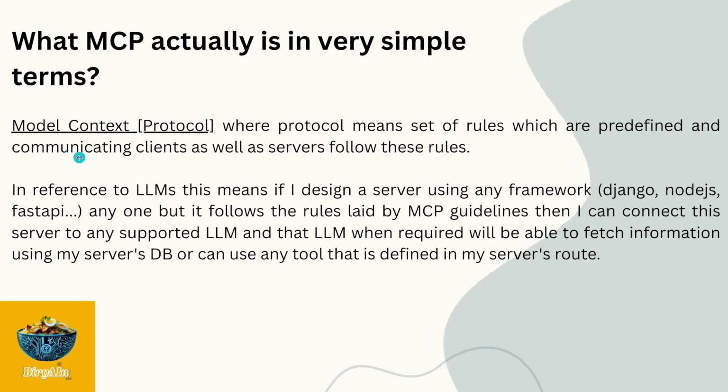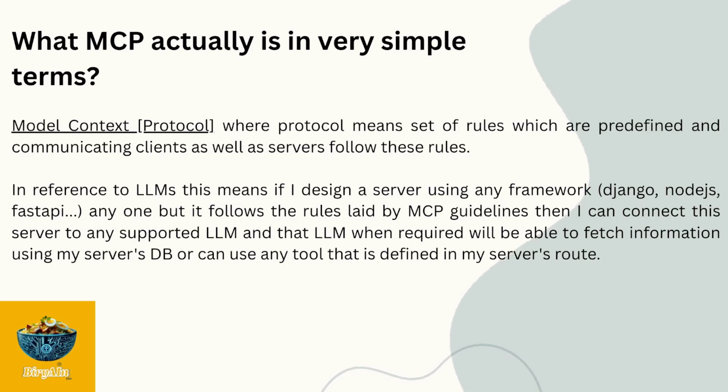In reference to LLMs, it means that if I design a server using the rules defined in Model Context Protocol, and use any framework like Django, Node.js, FastAPI, anything, but the rules defined by MCP are followed, then I can connect any client that supports MCP to this server. I have to design the server only once, and then this server can connect to any client that supports the MCP protocol.